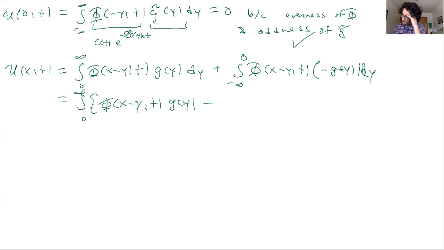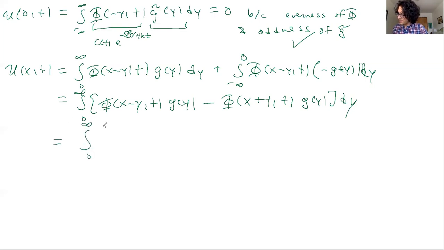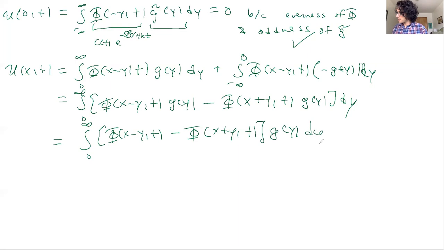And I end up with phi of x plus y t times g of y dy, or in other words, just the integral from 0 to infinity of phi of x minus y t minus phi of x plus y t multiplied by g of y dy, okay?